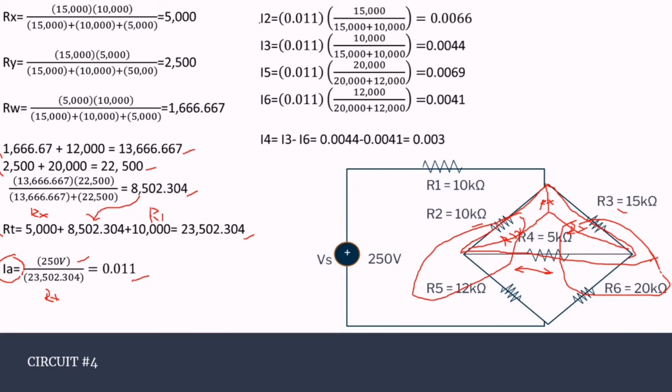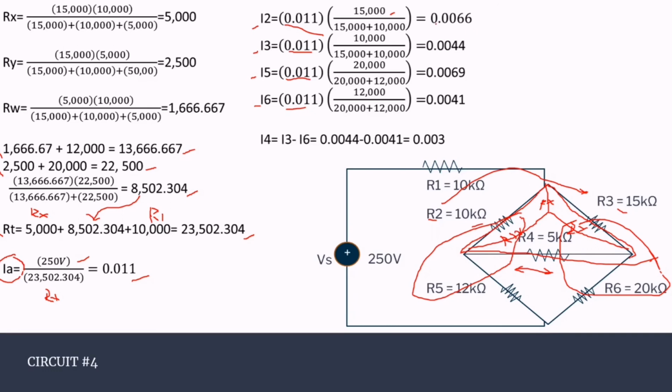So to solve for our I2, I3, I5, and I6, we need our IA, and like earlier, our I2 is equal to R2. So the opposite side is R3. So 15K will be our numerator. For our denominator, we're going to add R2 and R3, 15K plus 10K.